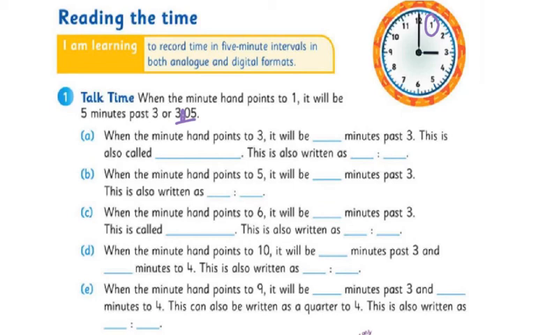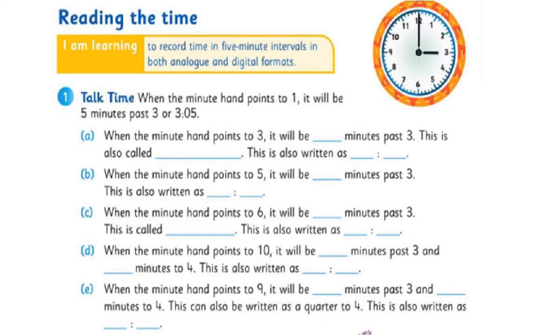Look at A. When the minute hand points to 3, so if the minute hand is pointing to 3, it will be blank minutes past 3. So you need to work out how many minutes past 3 it will be if the minute hand is on 3. So I will guide you along, but I'm not going to tell you the answer.